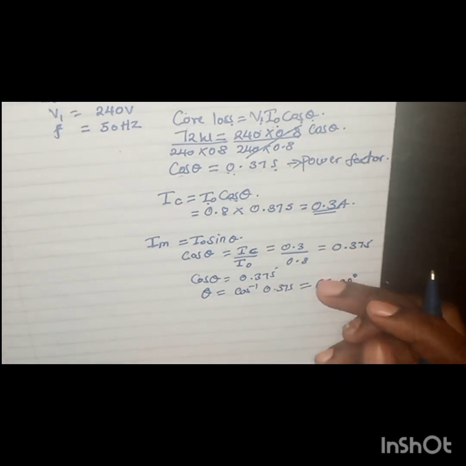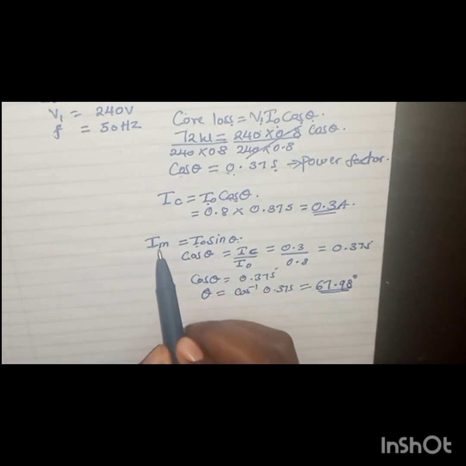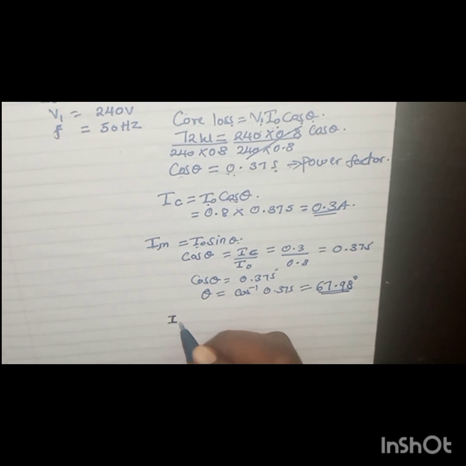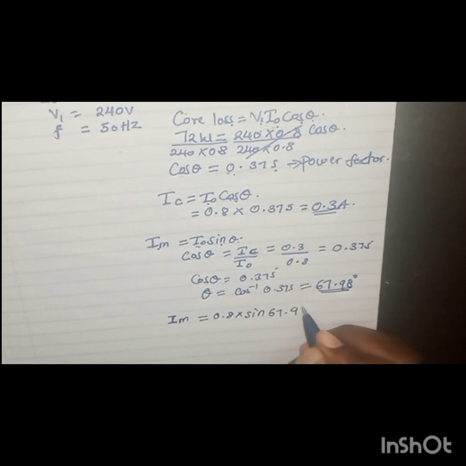After obtaining theta, we can replace it in this formula and obtain our IM. So IM will be equal to I naught, which is 0.8, times sine 67.98.